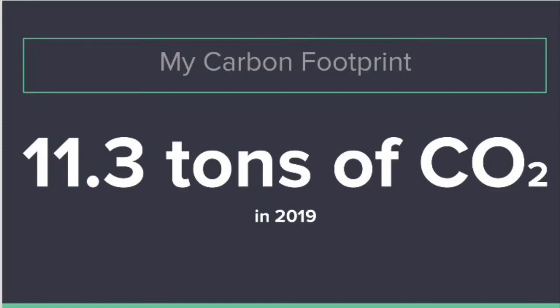Now, I find this really interesting because I actually started flying for the first time in my life in 2019, and I flew quite a bit. I took 10 different airplanes, if you count the layovers, and they were pretty long flights for the most part, so I find it really interesting that my carbon footprint is actually this low, and it is lower compared to the average American.